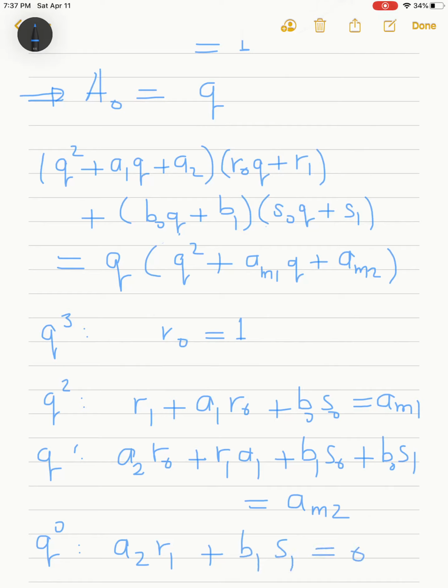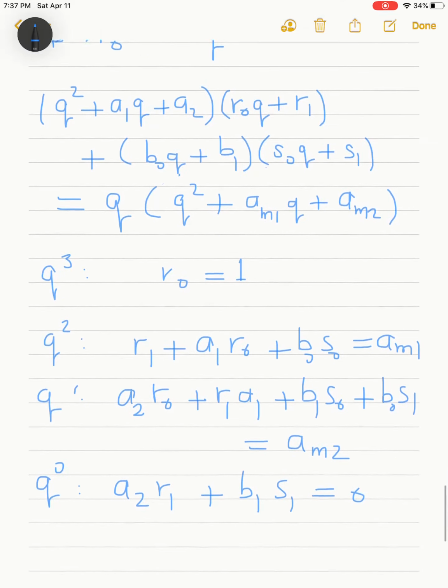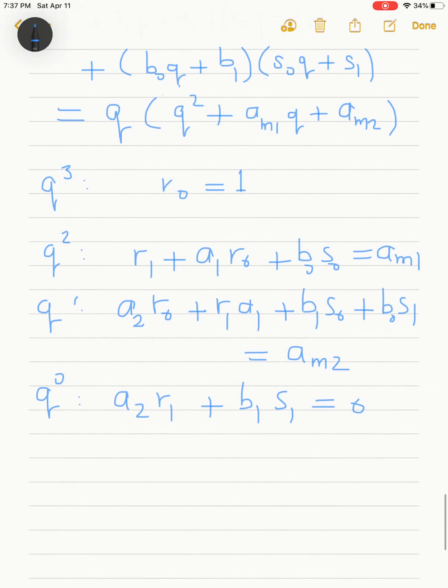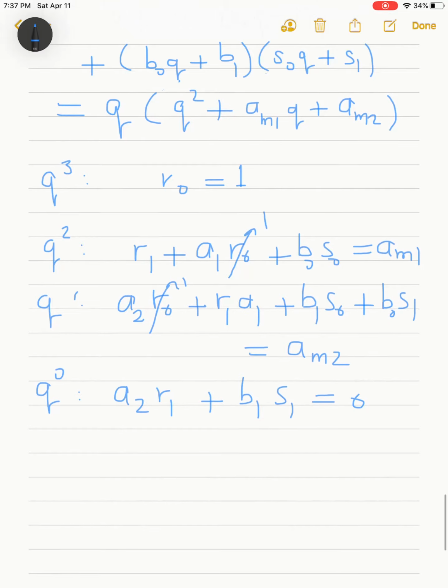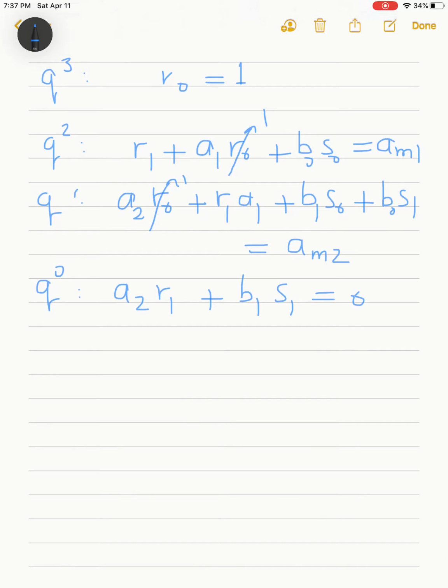So these are the set of equations that have to be solved. We know that R node is equal to 1, so we don't have to bother with that. And we can write this in a matrix vector form to find R1, S node, and S1. So we can write this matrix times R1, S node, and S1, and this is equal to some vector here.